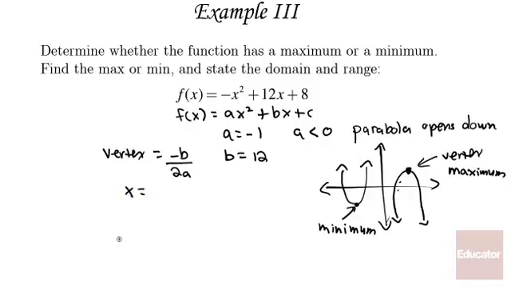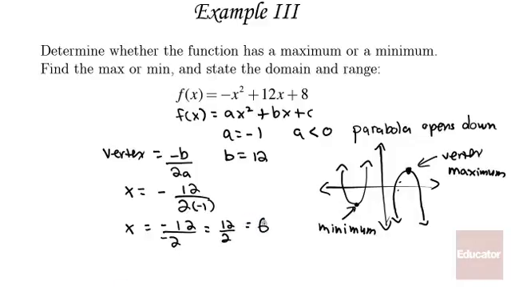It's going to be a vertical line at x equals negative b over 2 times negative 1. So that's going to give me x equals negative 12 over negative 2, or x equals 12 over 2, or x equals 6.